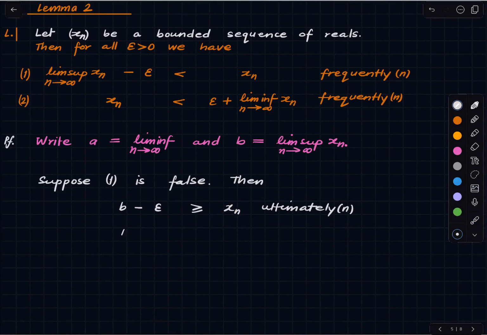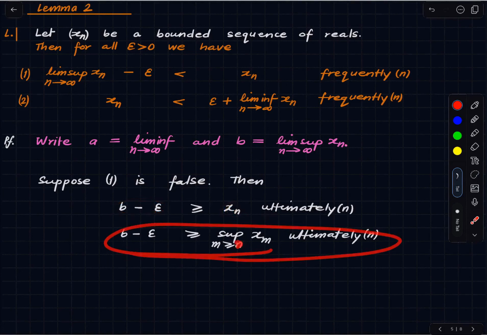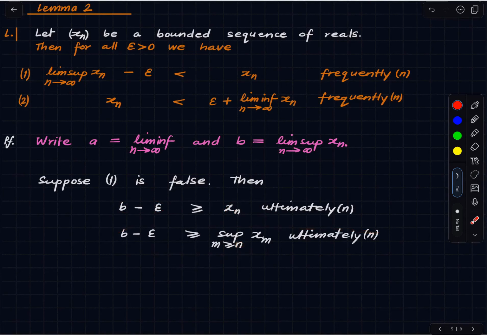Therefore, we also have this ultimately. So if this were dominating xn for each n exceeding capital N, then this would also happen for each n exceeding capital N. That's all that we are saying. So we have this, but at the same time, this implies that this dominates the limit of this guy.